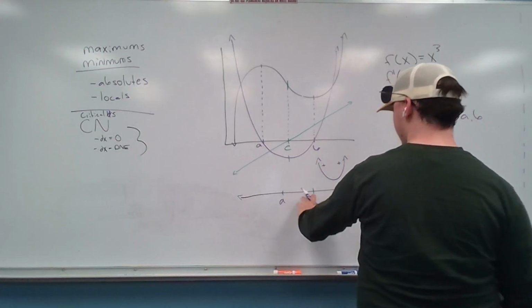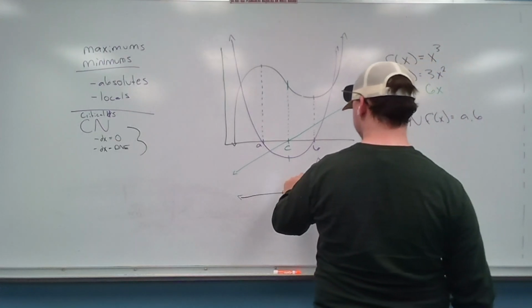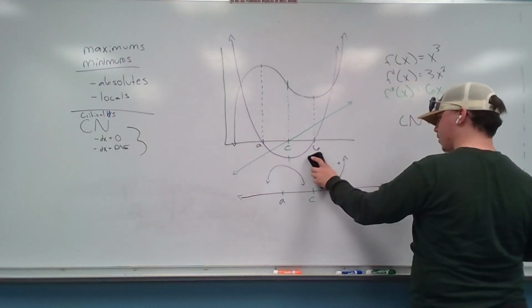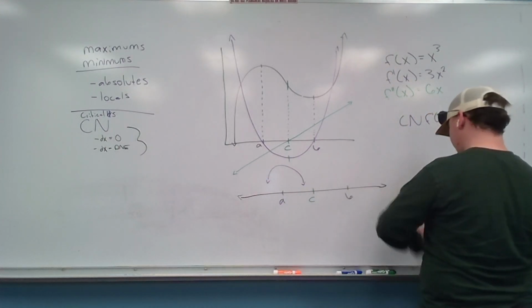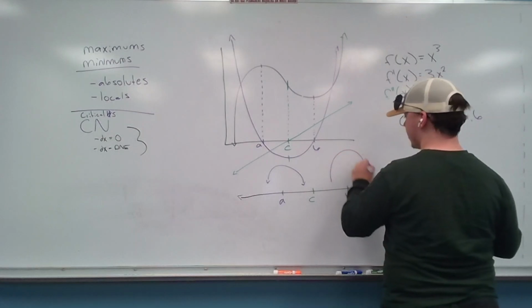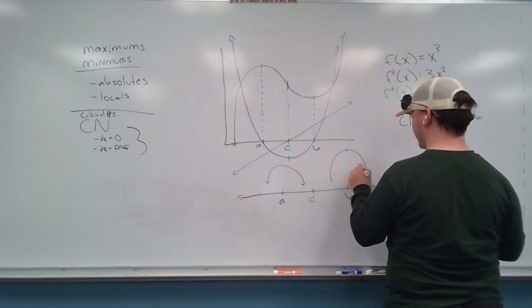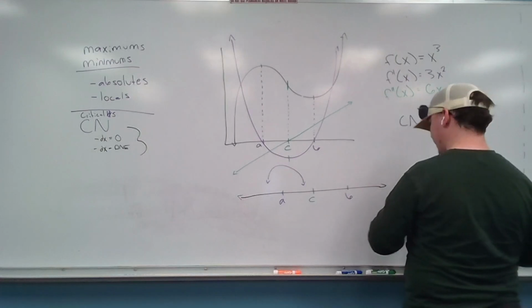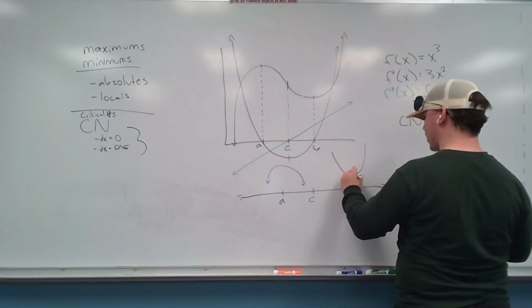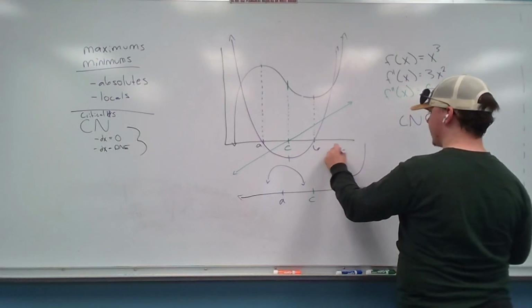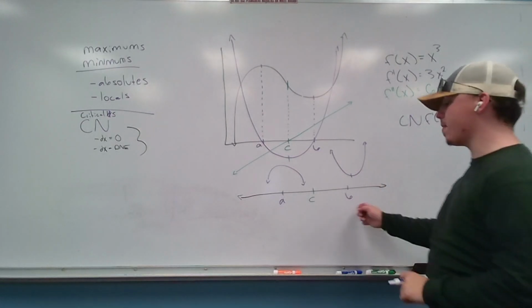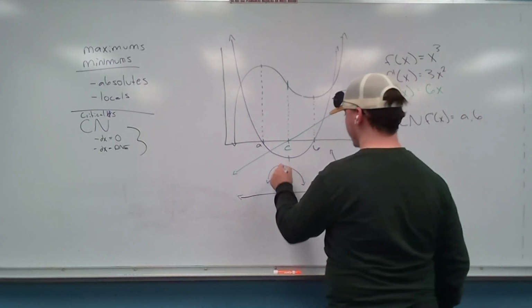And over here, it's going to be a negative inflection. And notice that I'm putting the base of the curve over its x value, because that's where the minimum or the maximum is going to be, because that's the critical number.